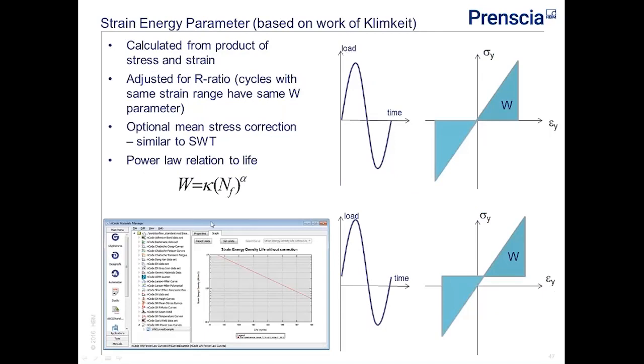Finally, we have our new strain energy density analysis engine. This is based on the work of Bert Klimkite. And the basic premise is that for a given material, we can correlate fatigue test data for different fibre orientations and loadings based just on the elastic strain energy density.